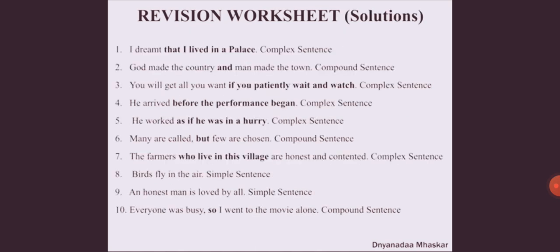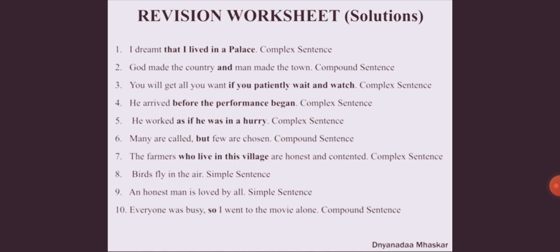Let us see the answers for the above worksheet. First one, I dreamt that I lived in a palace. It's a complex sentence. That I lived in a palace is a dependent clause. I dreamt is an independent clause. Second one, God made the country and man made the town.